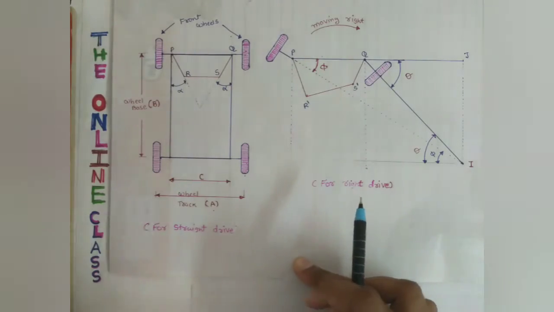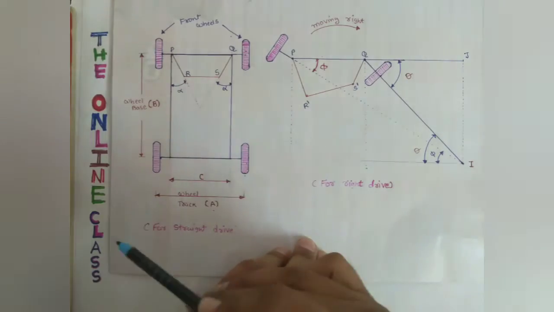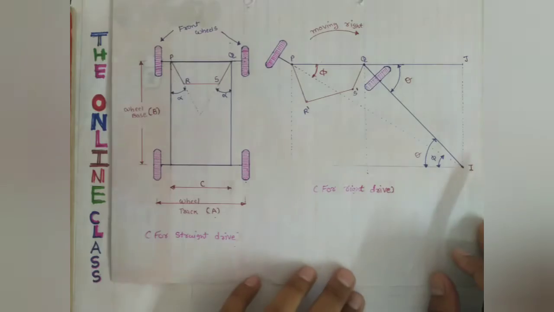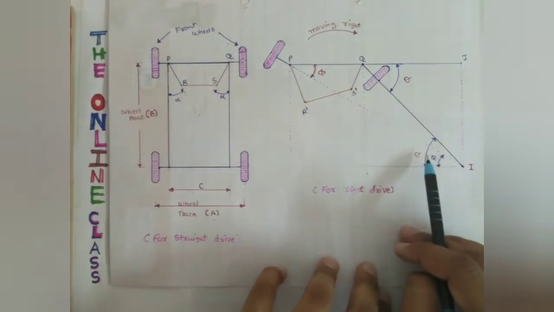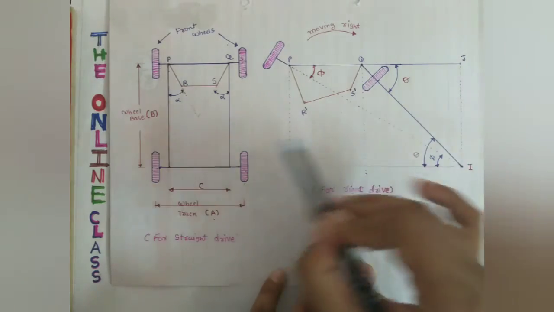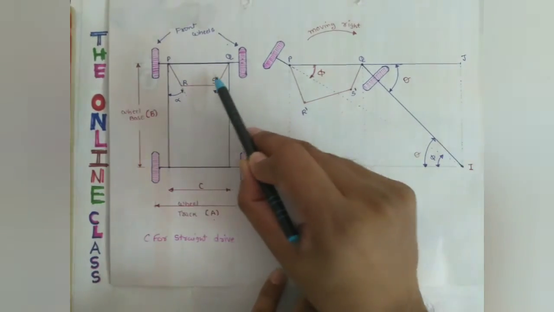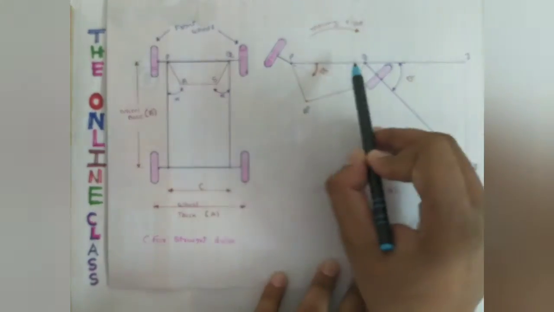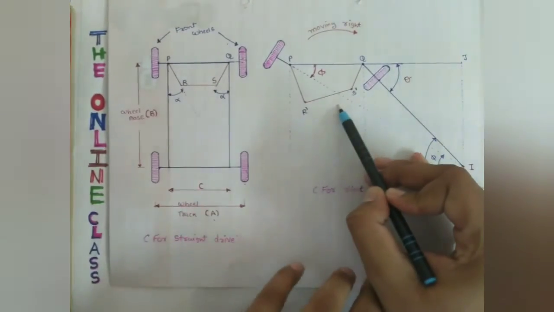Whenever we turn our vehicle to the left or right, here we turn our vehicle to the right. So this is the diagram when we turn our vehicle. We turn our front axle wheels. So this is the front axle diagram.